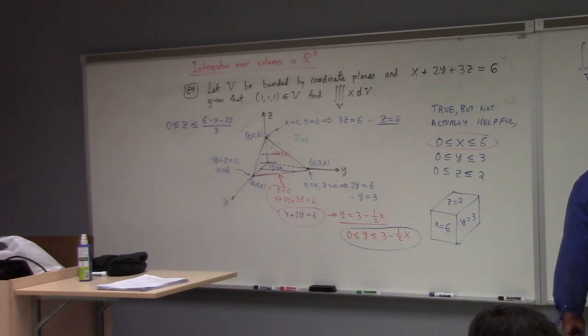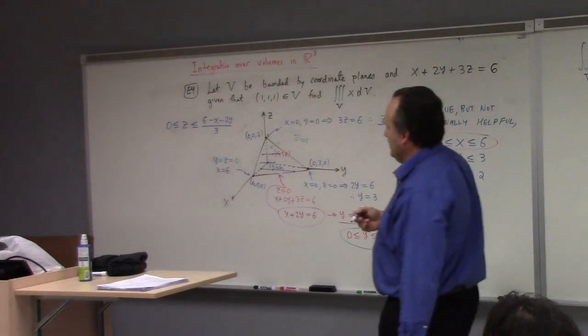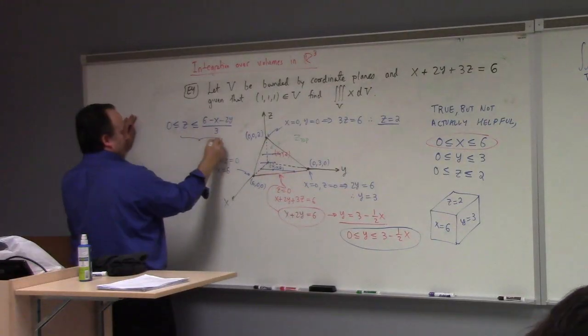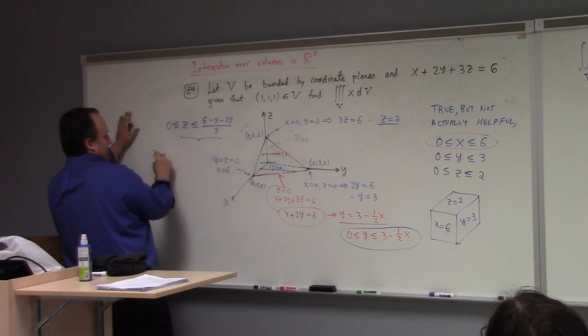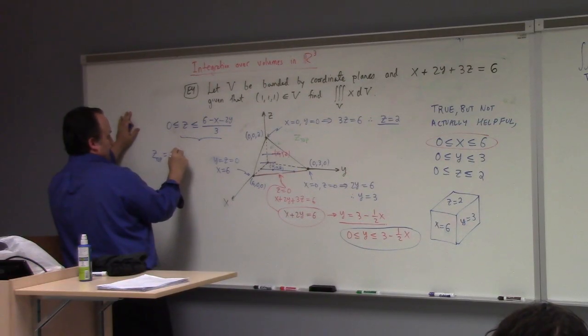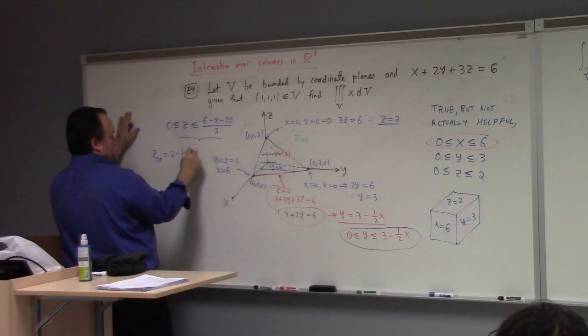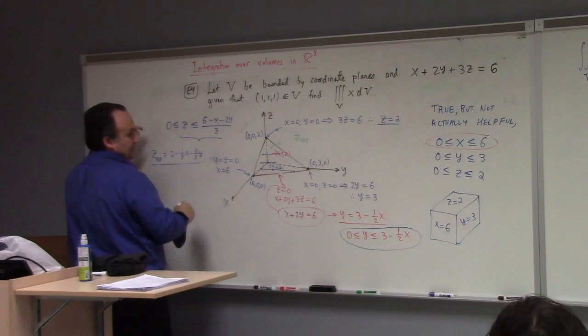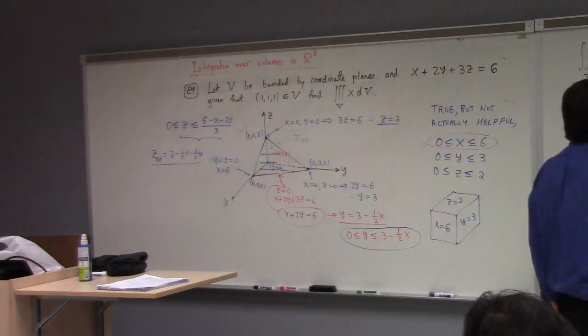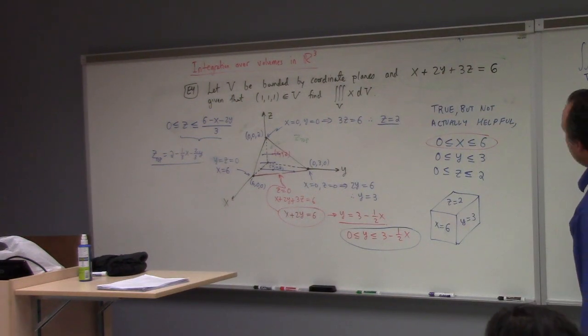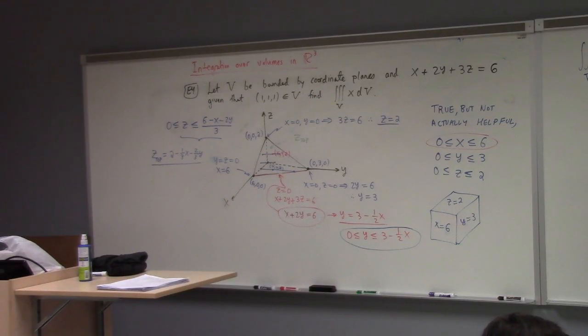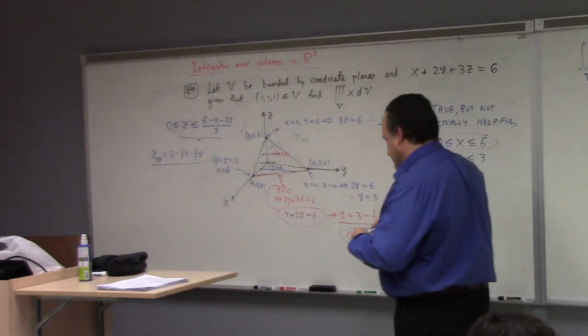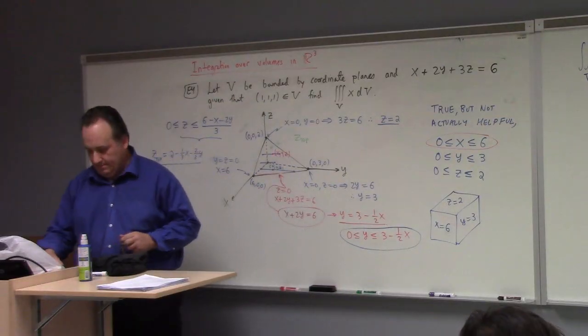The z integral goes from 0 to, can you guys simplify that a little bit? z top is 2 minus 1/3 x minus 2/3 y, and then I've got to do x. All right, now here we go. dz, dy, dx.